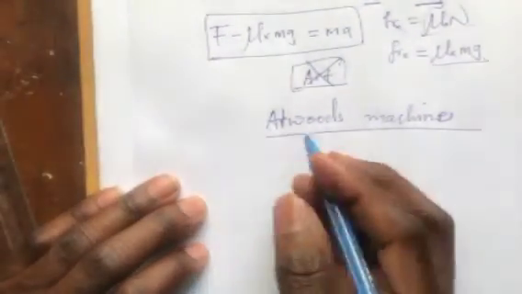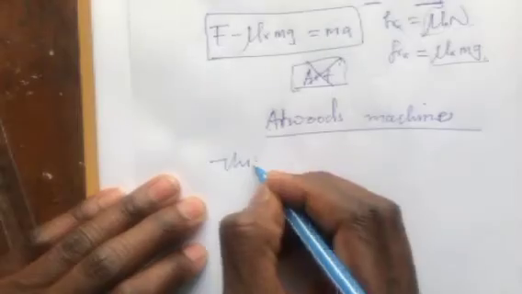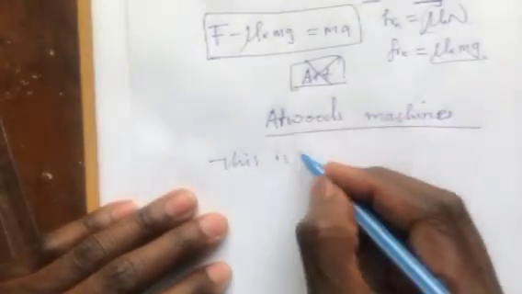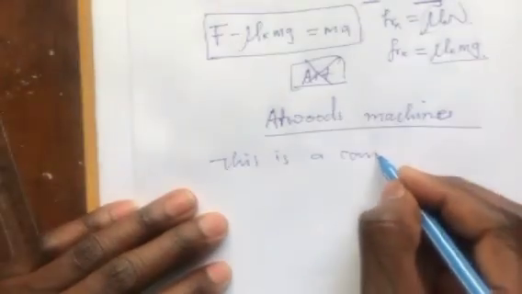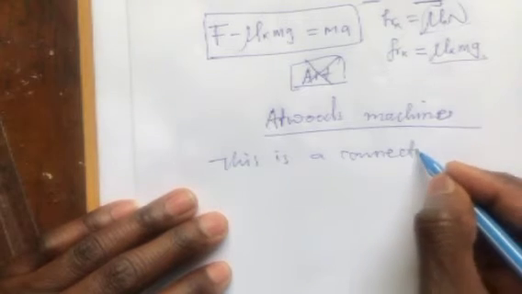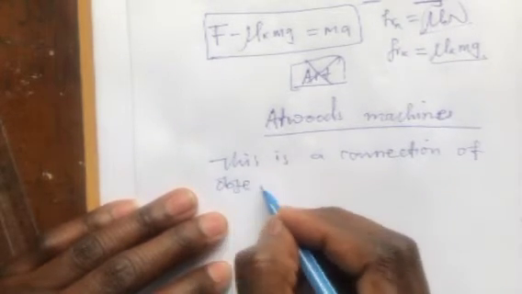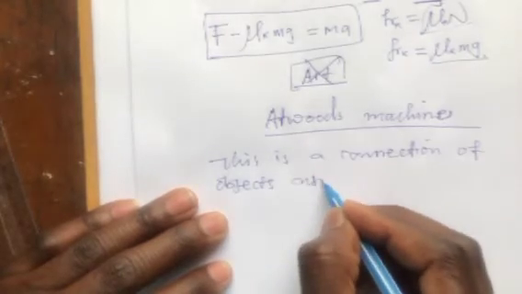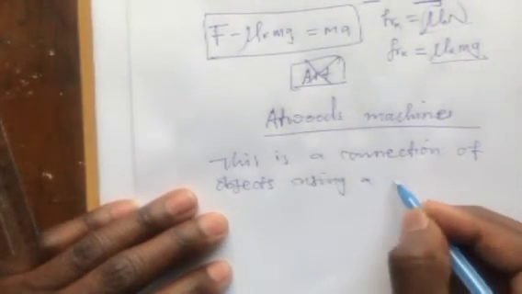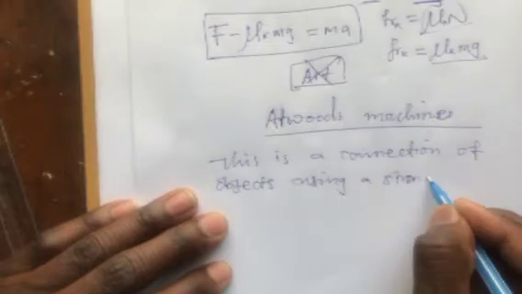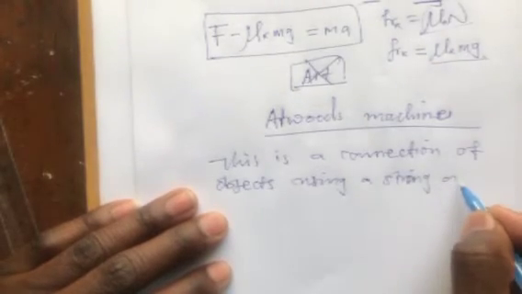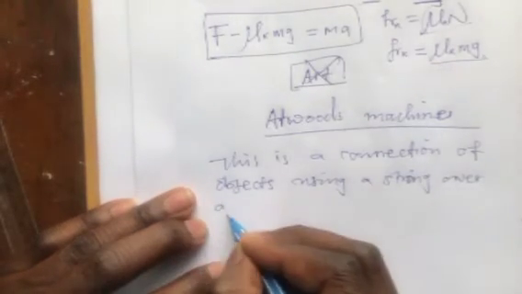Atwood machine, if you are to define it, this is a connection of objects using a string over a pulley.